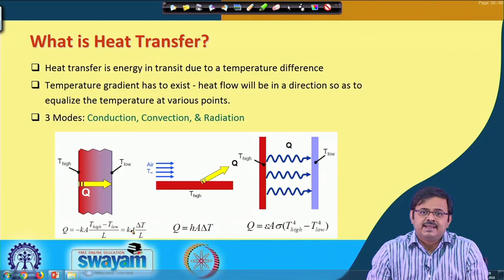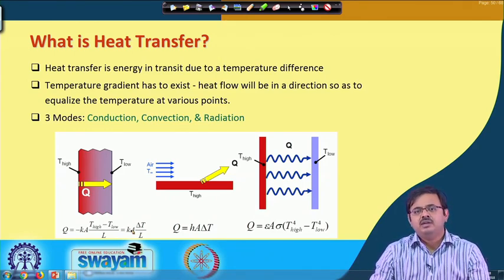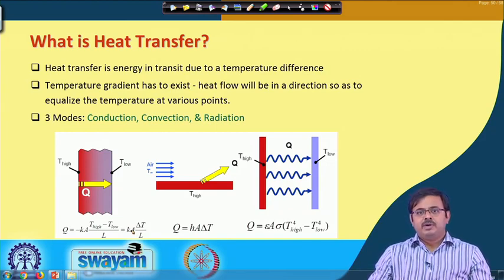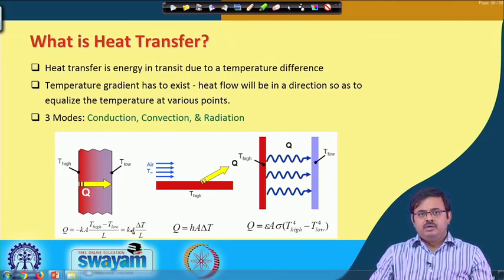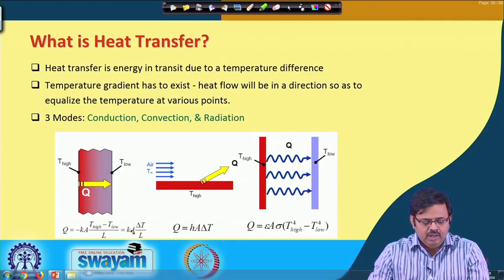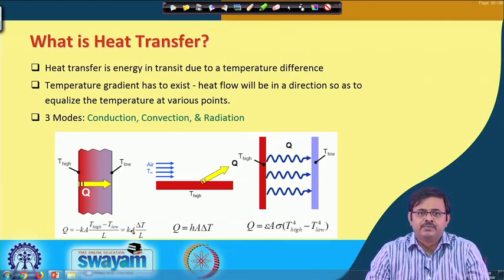Now, let me also say that conduction also happens in a liquid or a gas, and the same expression holds good there as well. However, there may be other modes that become predominant. So, this is conduction heat transfer.